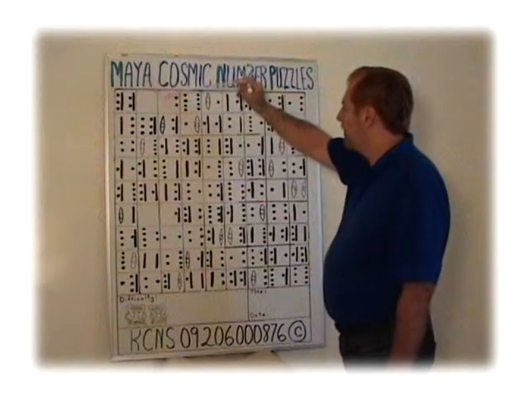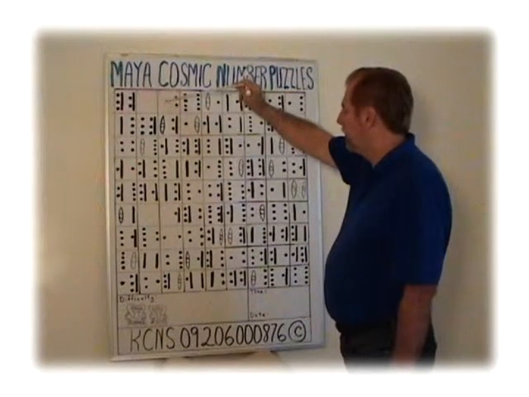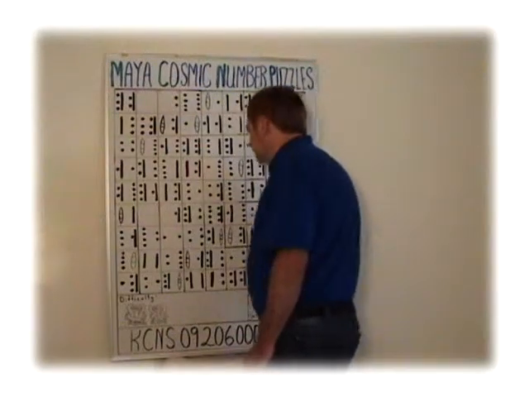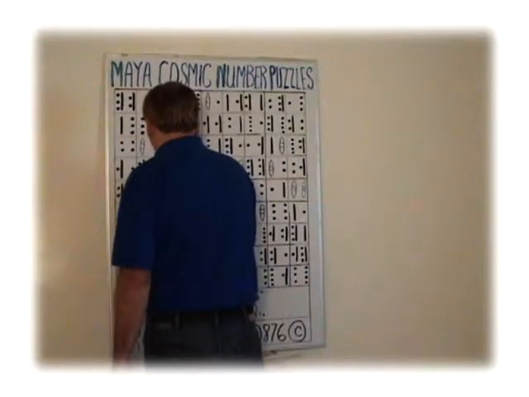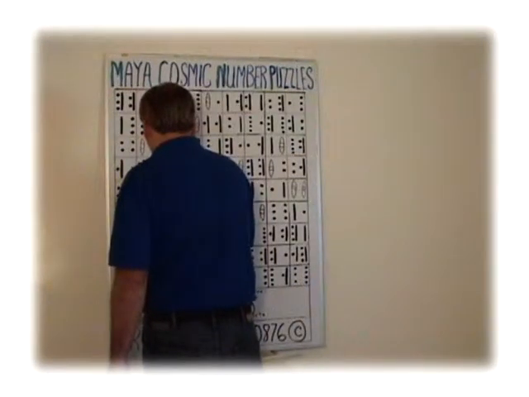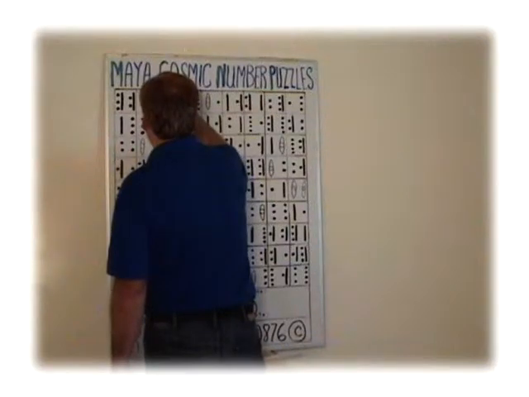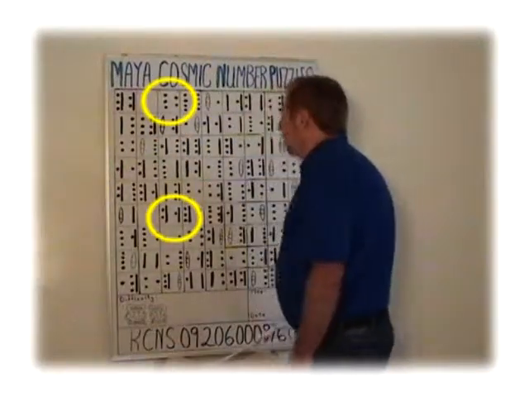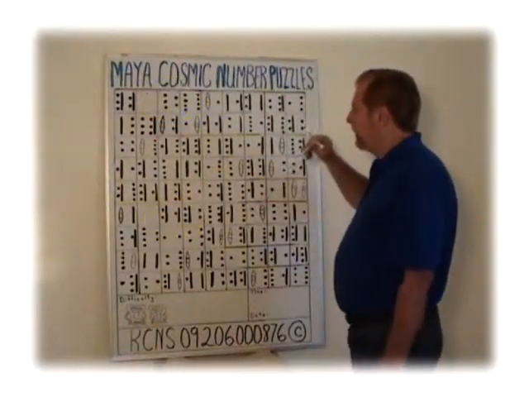That means the 7 cannot go here, only the 3 could, and the 7 must go here. That makes it fairly simple to solve for the rest of it.